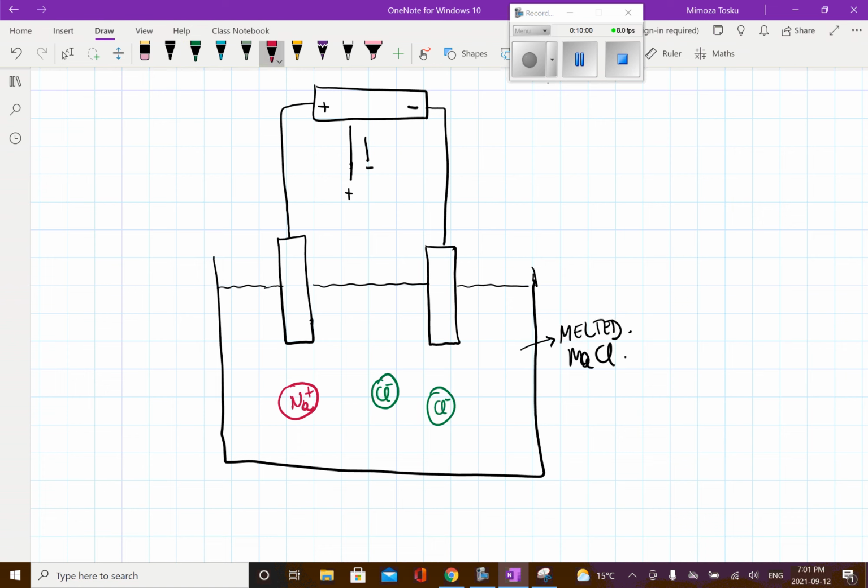They are kind of together, but just for the sake of explanation, I'm doing it like this. So the electrode that is connected with the positive pole of the battery is known as the anode, and the electrode that is connected with the negative pole is known as the cathode.